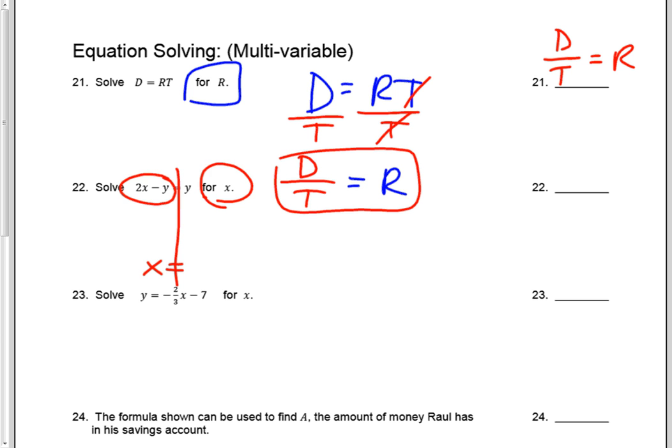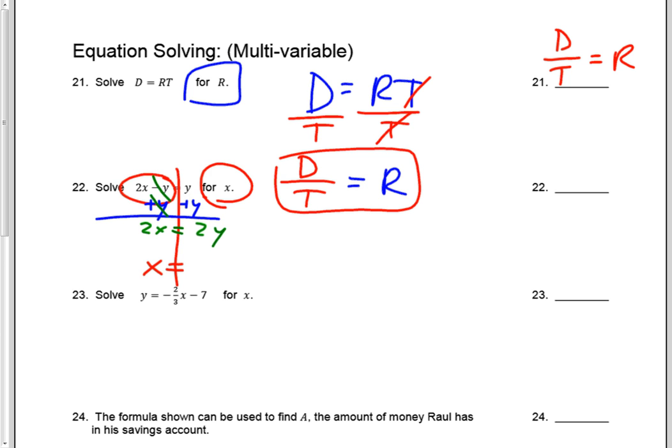How do we get rid of minus y? Oh, add y. Plus y, plus y. Some of you started off that way, and it was good. You got rid of the y. What's left on the left? 2x. What is y plus y? 2y. Some of you said it was equal to y squared or something else.